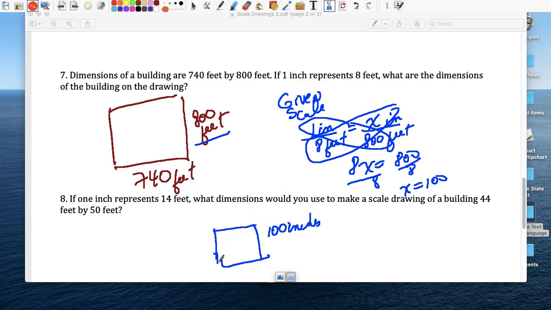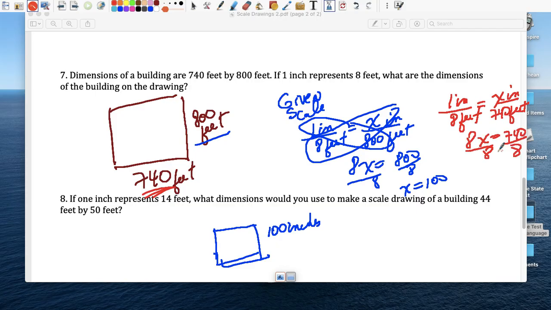Okay, and now we've got to do 740. Let me do it over here. Again, 1 inch is 8 feet, number of inches over number of feet. This time I want to find out what 740 feet looks like in inches, so x goes on top. 8x. 1 times 740 is 740. Then divide by 8, divide by 8.